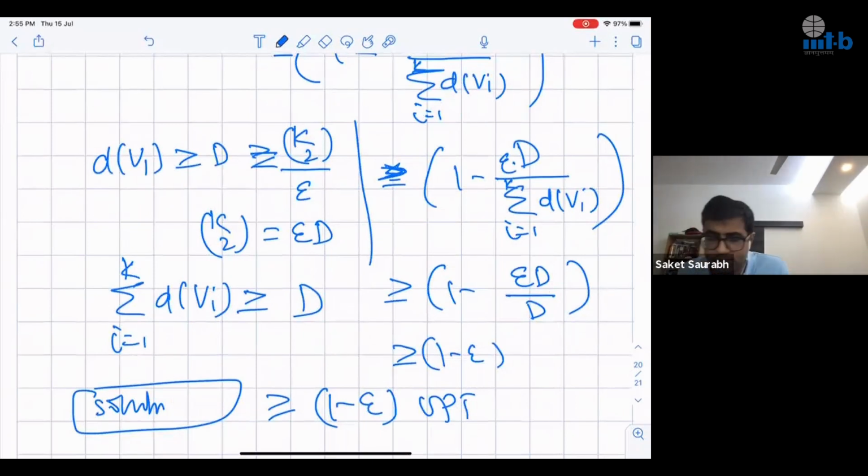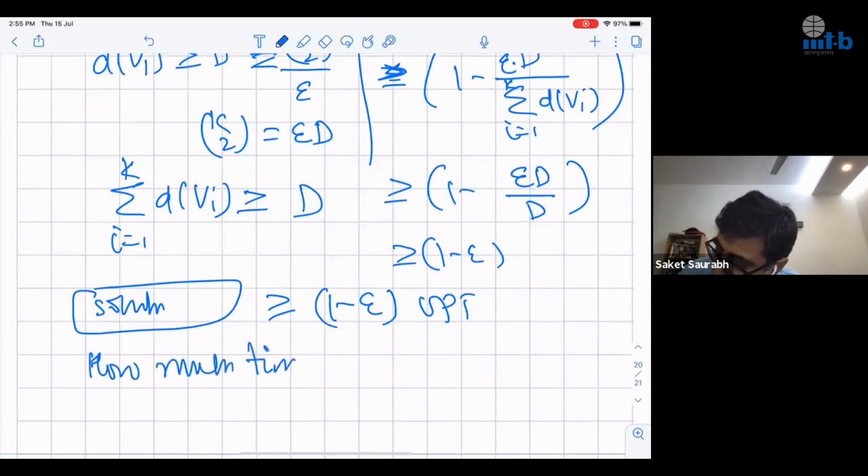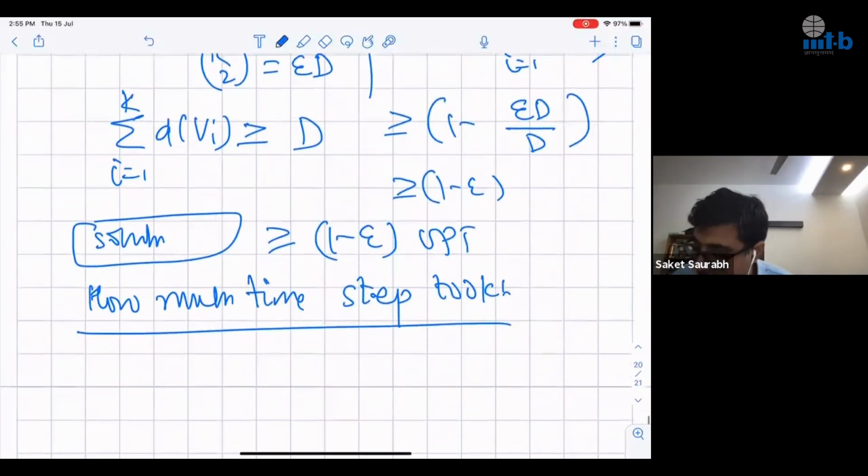How much time did this algorithm take? How much time did this step take? Can anybody tell me? What did the algorithm do?